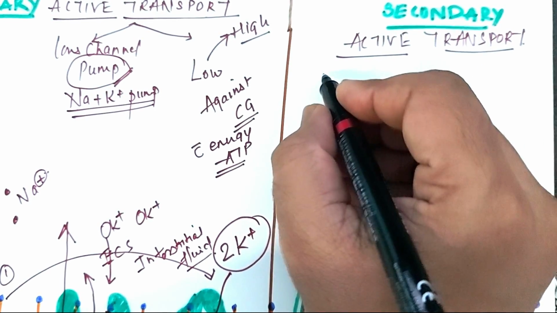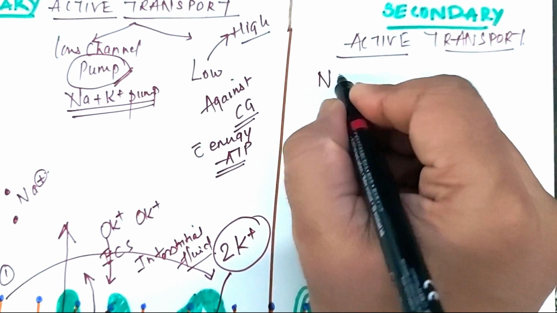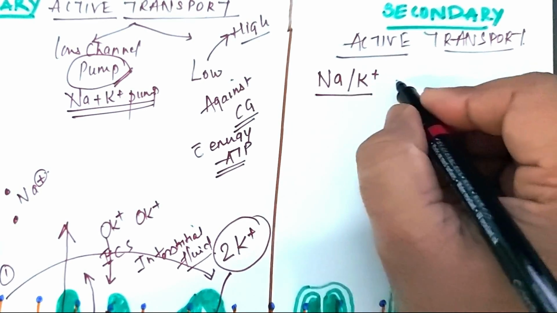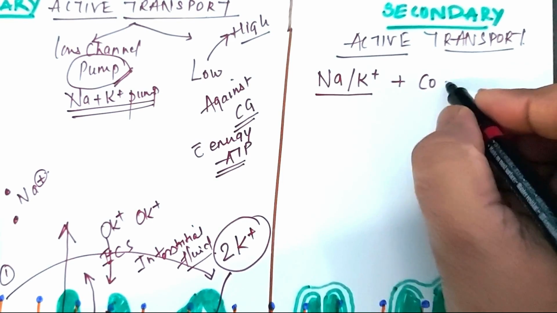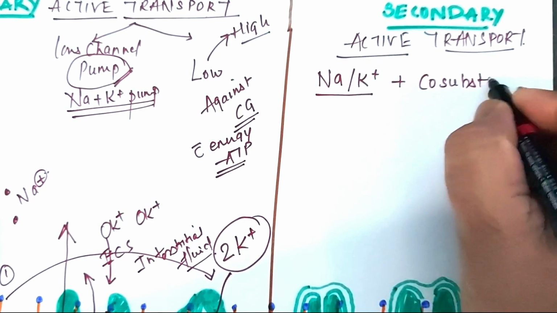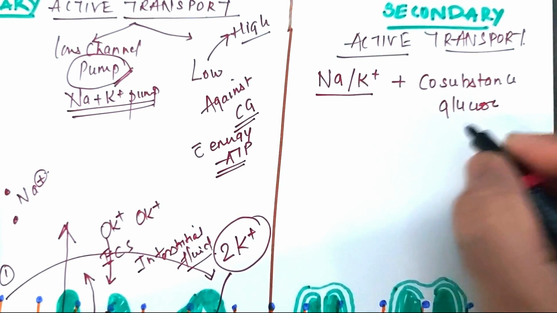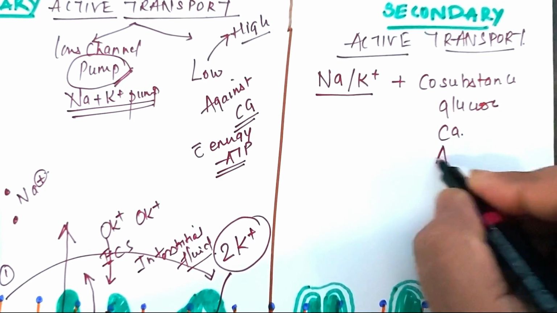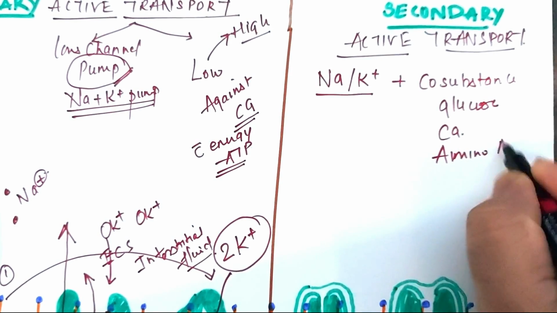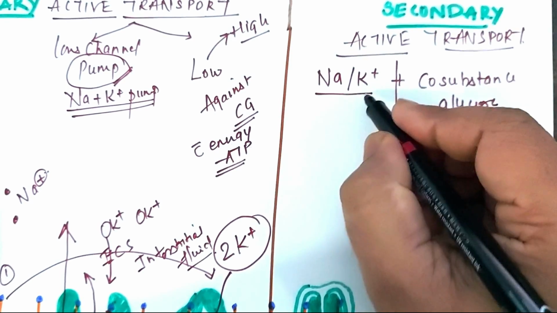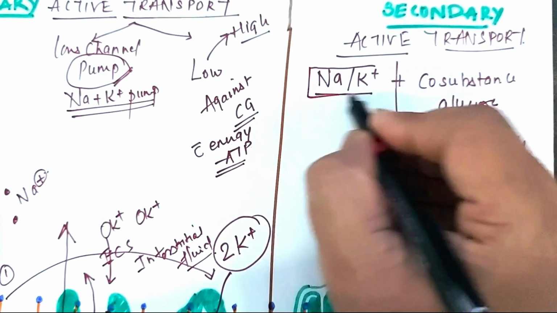So it will take the sodium potassium pump plus a co-substance in the form of glucose, calcium or amino acid, which gets transported along with the sodium and potassium.